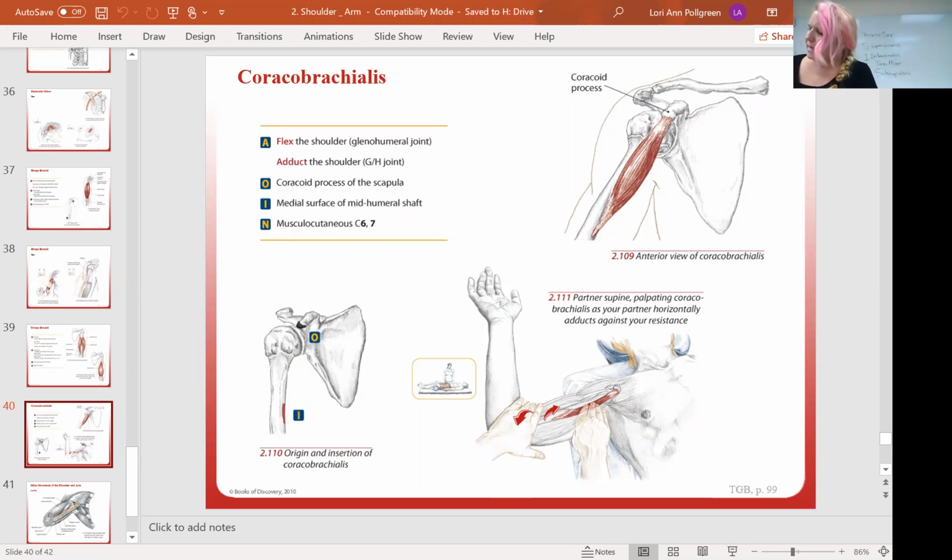I think our brachialis, even though it's considered a muscle of the upper arm, I believe is in the forearm section because it affects the elbow joint. I think it's divided in there, but I just want to verify that I didn't miss something.